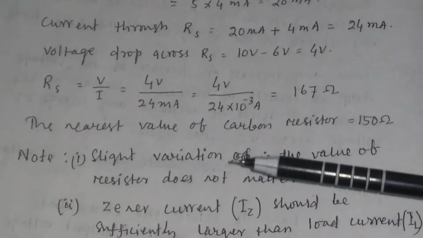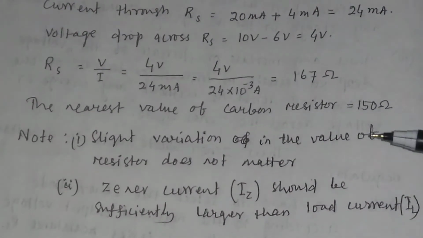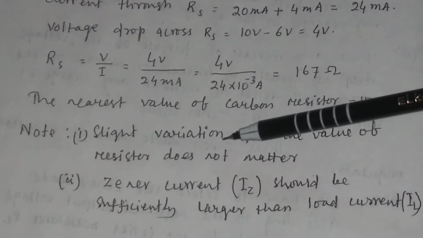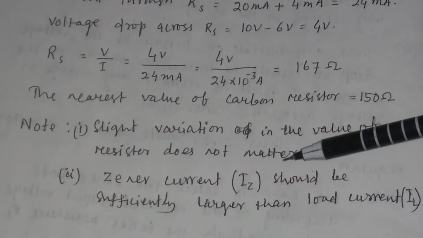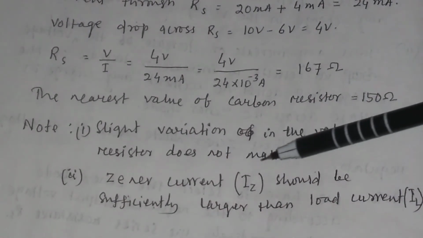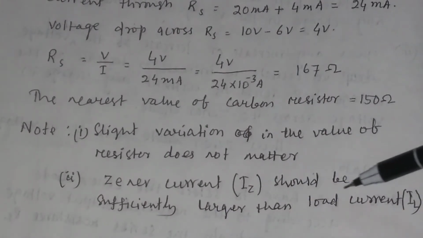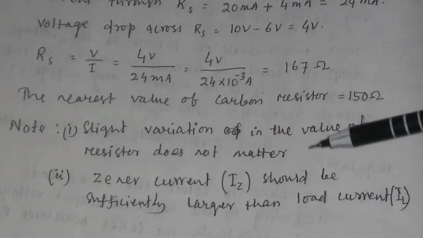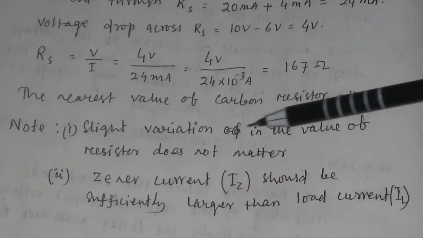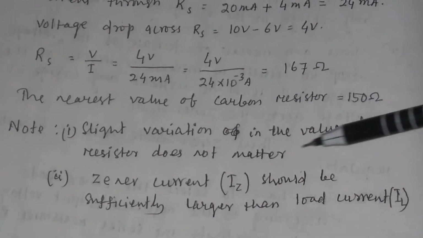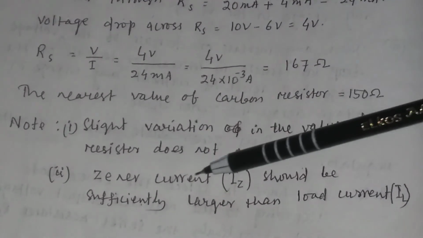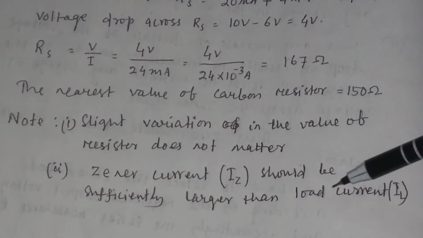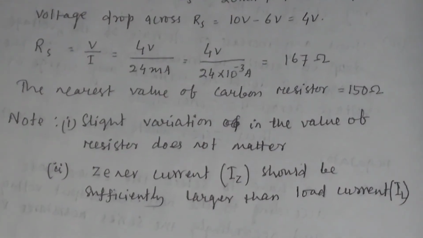So note that a slight variation in the value of the series resistor does not matter, but the Zener current should be sufficiently larger than the load current. While selecting the series resistance, you should take the Zener current to be much larger than the load current.